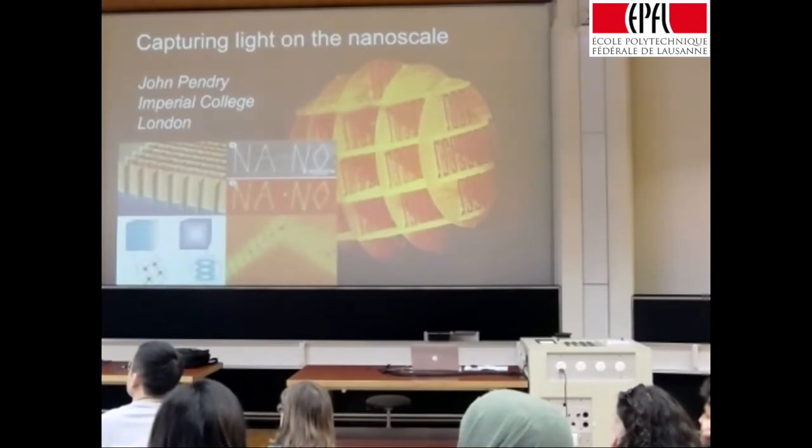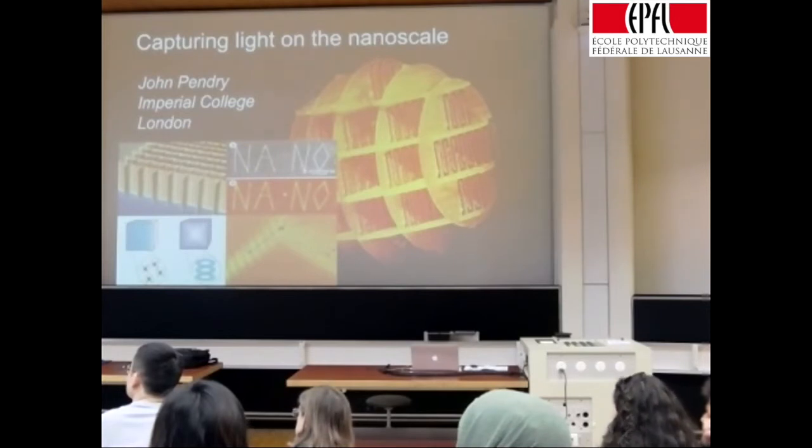Because k parallel is the Fourier component of the object, and the larger k parallel is, the finer detail you can see in that object. And if you try to see something too fine, you have waves which instead of going like that, decay like this.